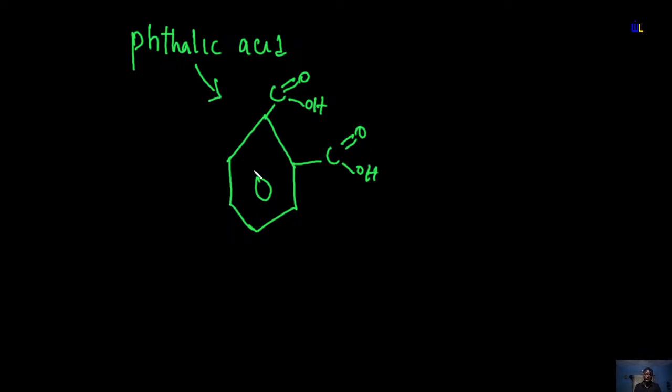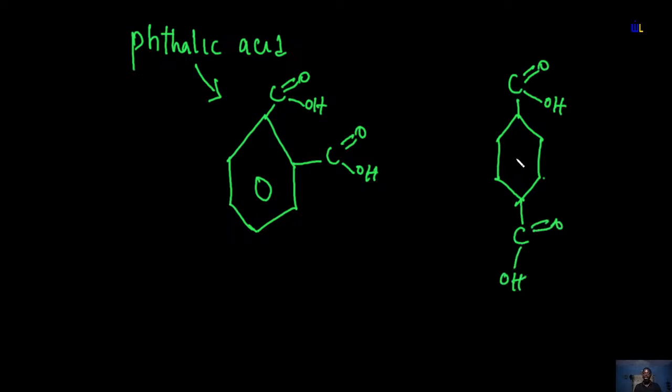Please put this down. Now, if the carboxylic groups are parallel to each other, it's no more just phthalic. It is now referred to as terephthalic acid. Please just take note of that.